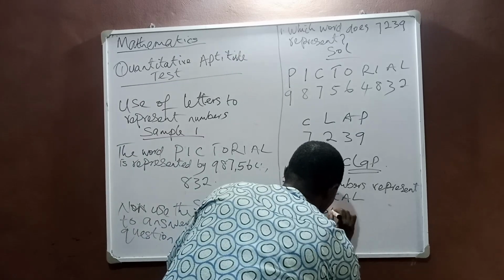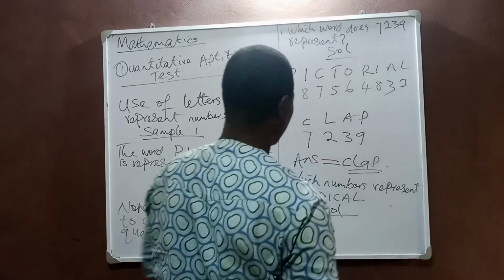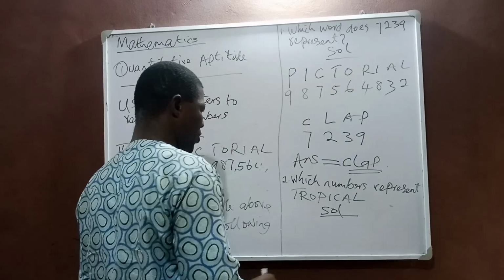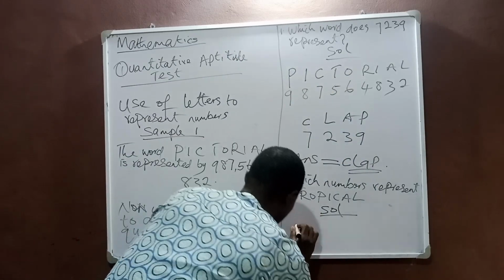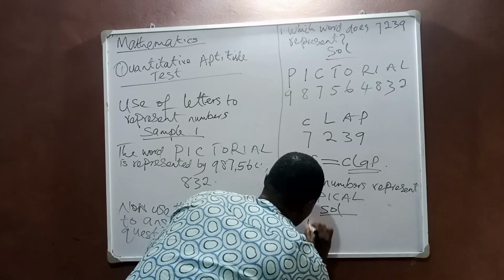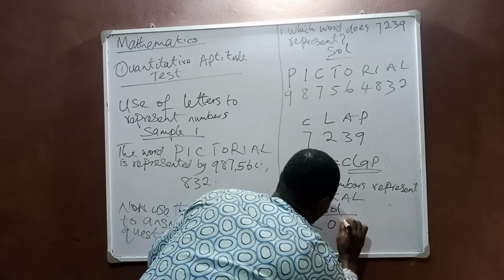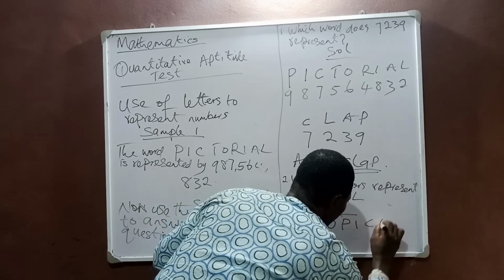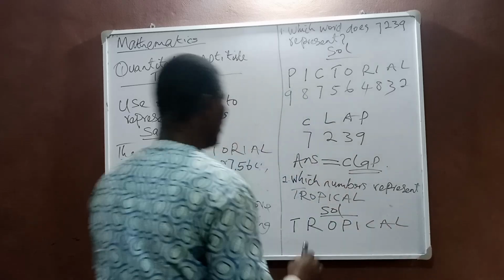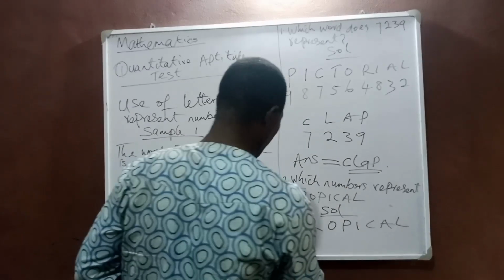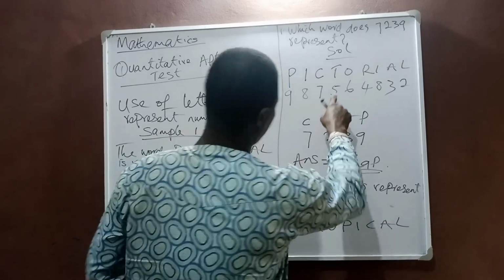Solution. From this same sample, first of all, write this tropical here. Then go here and lift the numbers one after the other. This T, what does it represent? 5.